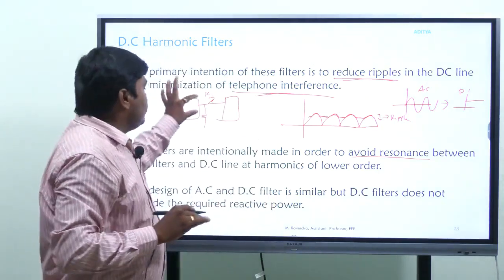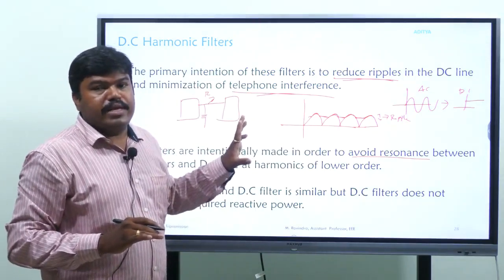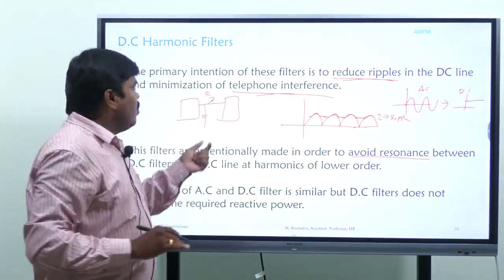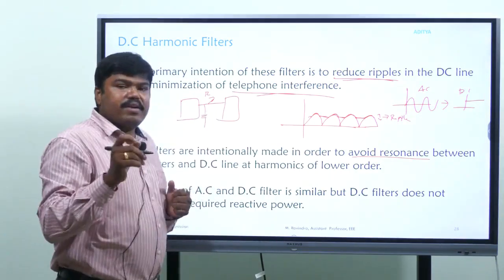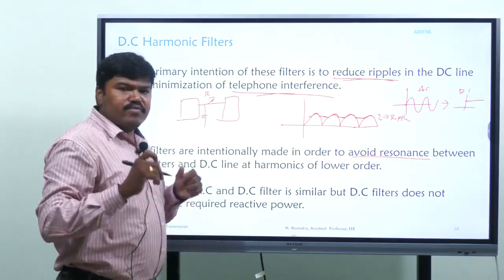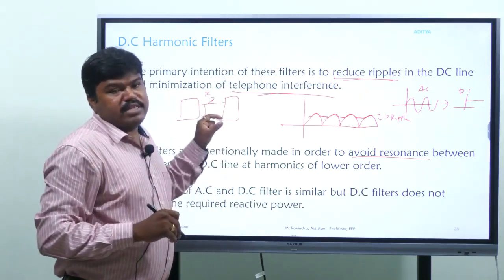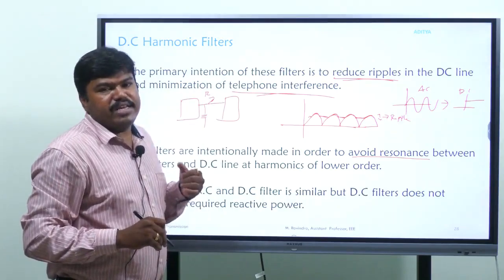If both are equal, there is a chance of resonance problems. To eliminate that, the filter impedance is made very low compared to the transmission line impedance, so any harmonics take the path of the filters.